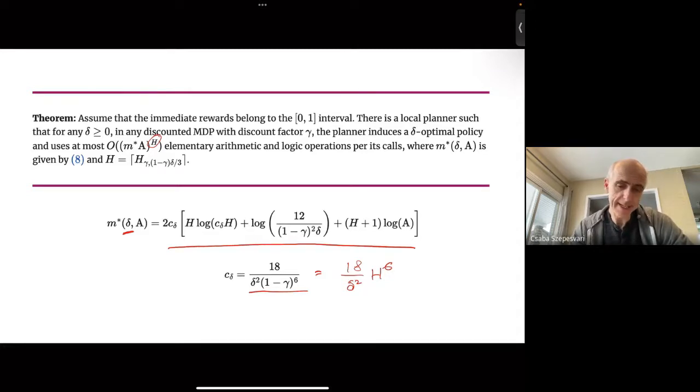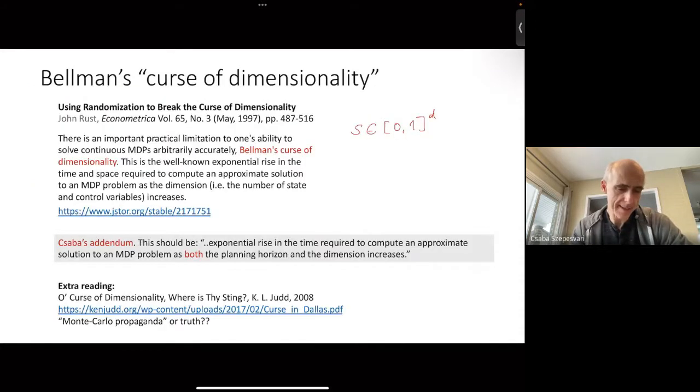But the point is that, here, we are talking about the curse of dimensionality in connection to the dimensionality of the state space. And so we see this very simple look-ahead tree building procedure, which is going to have a runtime and space requirement that is independent of how many states you have.